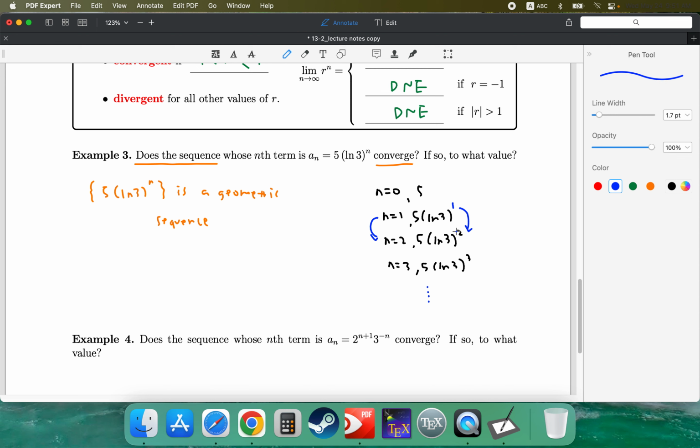So this is a geometric sequence with ratio r equals natural log of 3. Does that make sense? Take a look at this: you increase the power by 1, that means you need to multiply by natural log of 3.